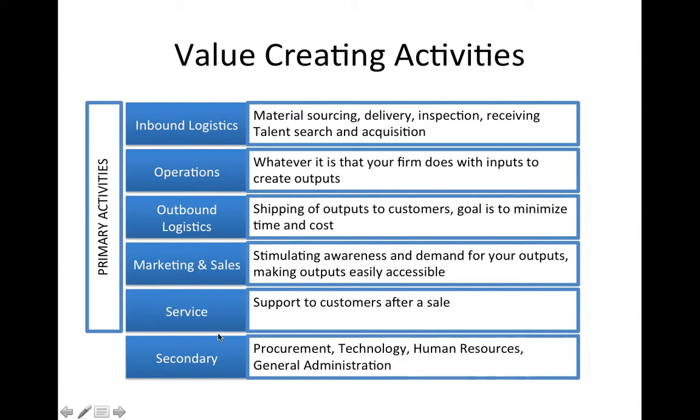We call those secondary because they aren't directly related to the creation and sale of the product. They're more about the overall operation of the company. So that would be procurement. Somebody's got to work out all the contracts and the terms for the stuff to be bought before it can be shipped.